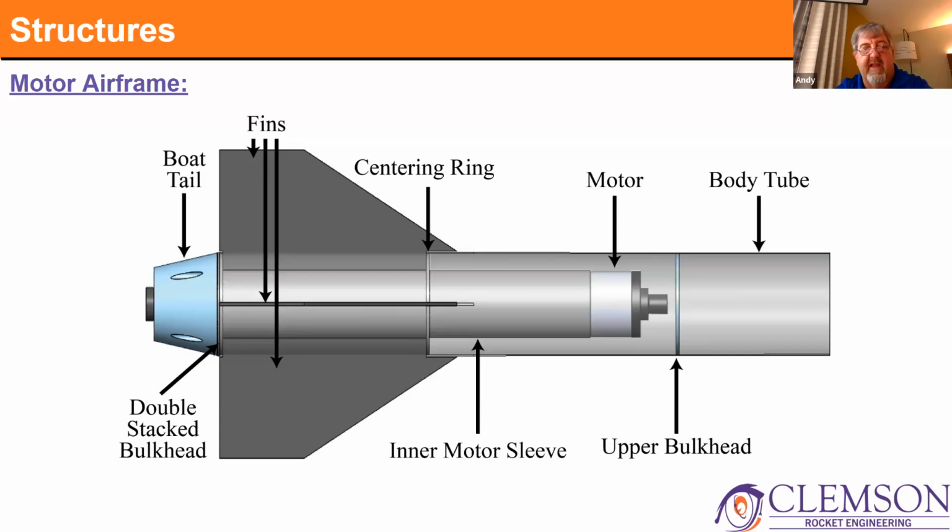The other thing that helps, since the fins go through the centering rings, is where the fins anchor to the body tube. I take it all of those areas are epoxied as well. Yes. Okay, so tip to tip there would anchor it even more.